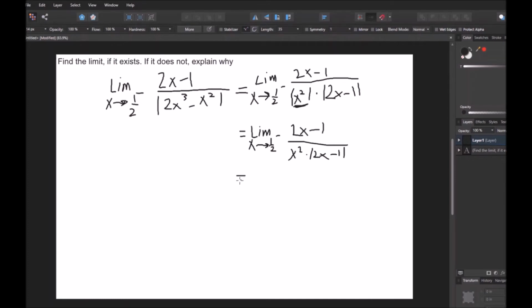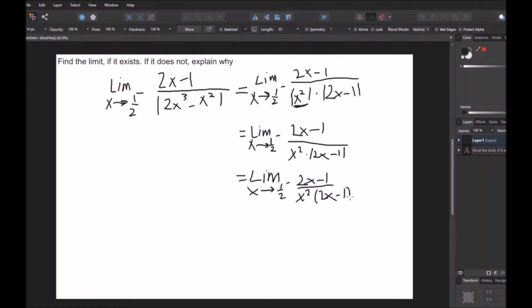So I'm going to rewrite this as the limit as x approaches 1/2 from the left of 2x minus 1 over x squared times 2x minus 1.